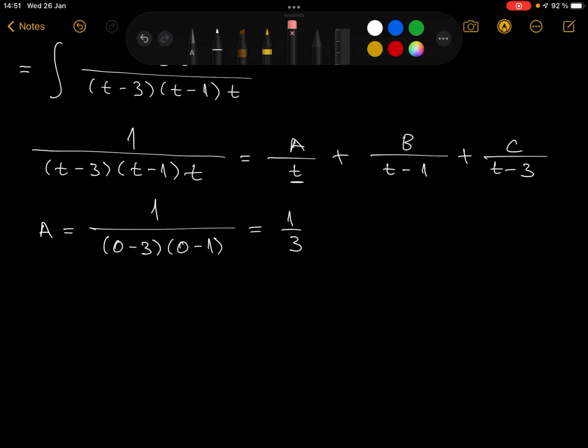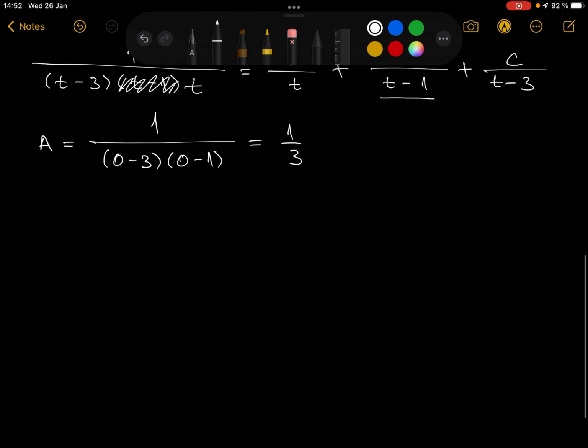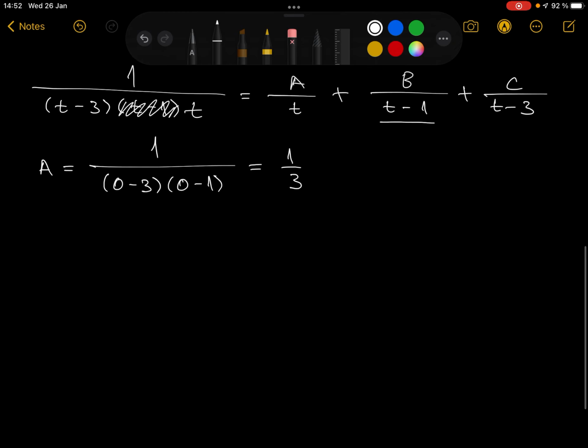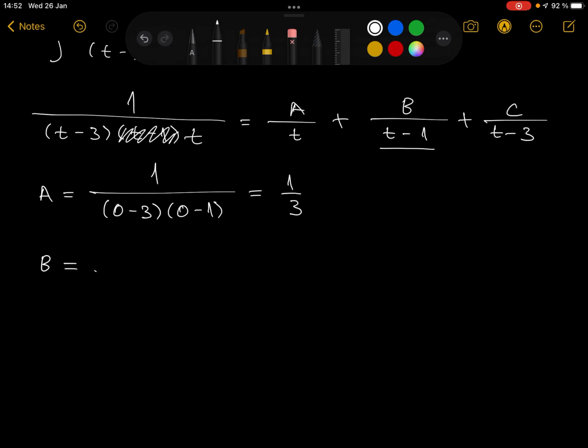Now, what value does t have to have here in order for this denominator to be 0? It has to be, t has to be equal to 1. Okay, so now we're going to cover up this part right here, and we will plug in 1 into the rest of this part.